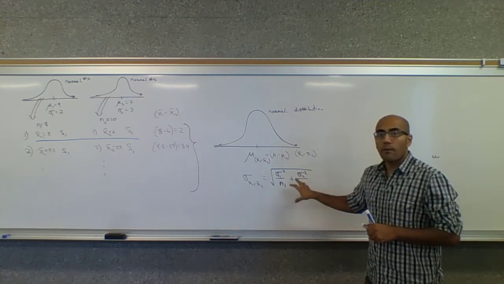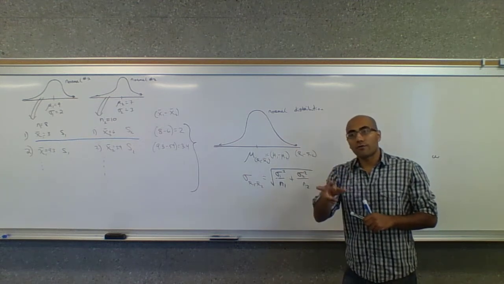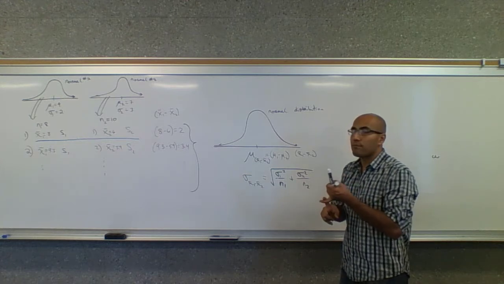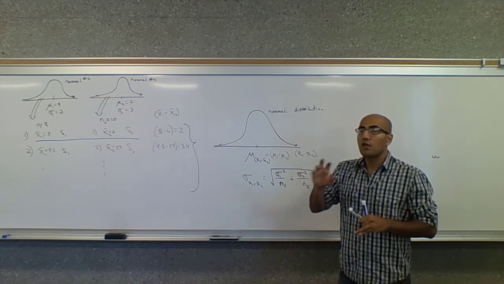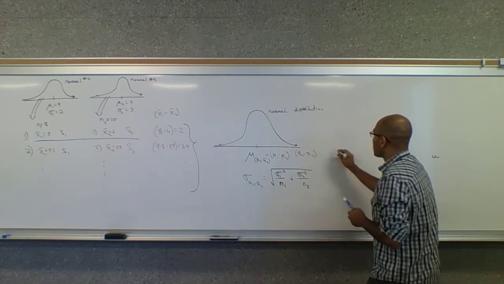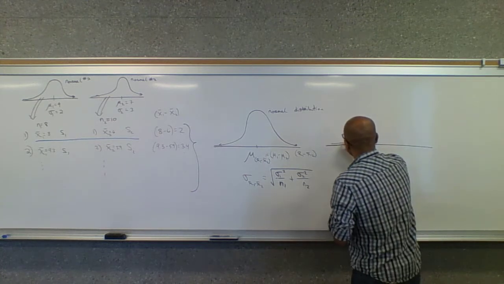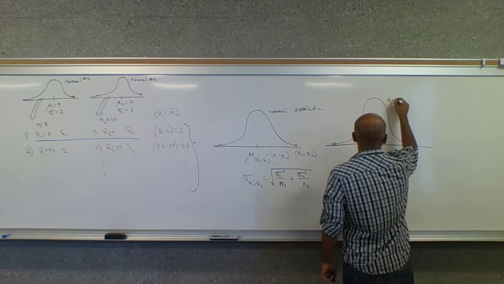And that'll be our best approximation for the standard deviation of this distribution. However, now that we're making all those guesses, we're guessing information about mu, we're making assumptions about the standard deviations of both populations, we know that this is no longer going to be a normal distribution. It stops being normal and it becomes a t distribution.